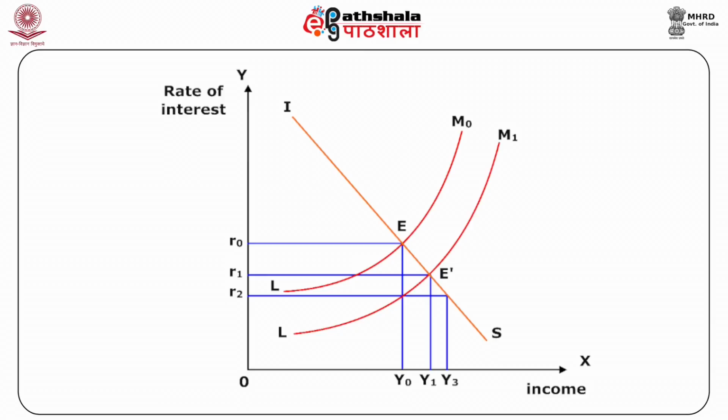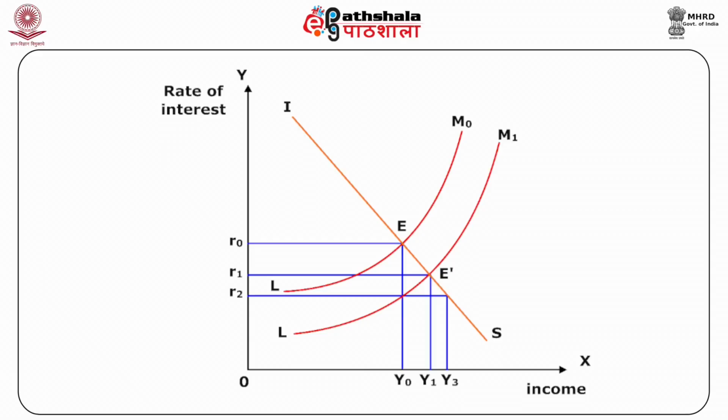Now, suppose the nominal money supply increases while the price level remains constant. Then, with an expansion of the nominal money supply, the LM function moves outward to the right, and the new LM function would be LM1.